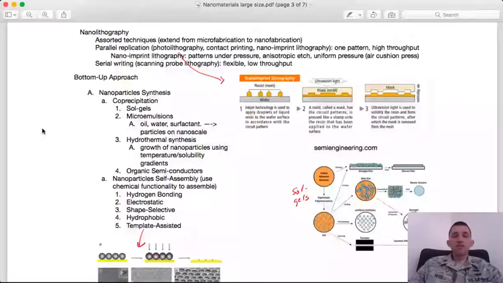The problem is that it's a direct write process, and you can make one, but it's very time and resource intensive to make that one, as opposed to microfabrication, where once you make a mask, you can replicate it 10,000 times. And so that same idea is trying to be recycled, in the sense that, okay, I have the techniques to make a really detailed mold, essentially, or a mask.